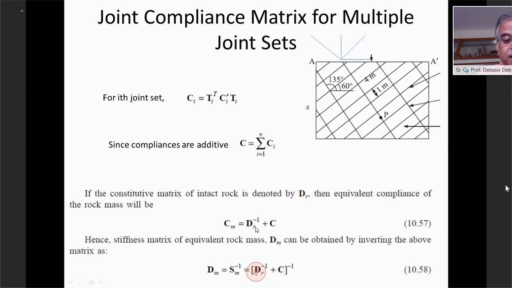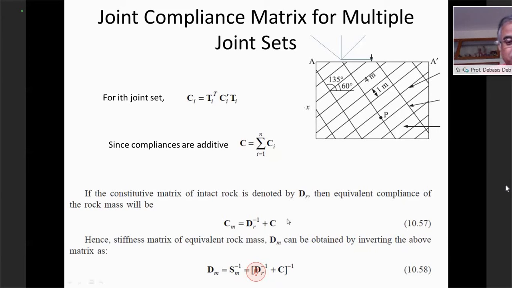So the inverse of DR plus this C, the total joint compliance, will give me the compliance of the rock mass. That becomes CM, because compliances are additive. Since compliances are additive, we are adding them together. So the rock's is added, the joint's is completely added.